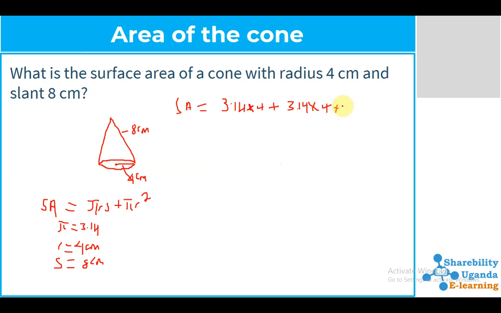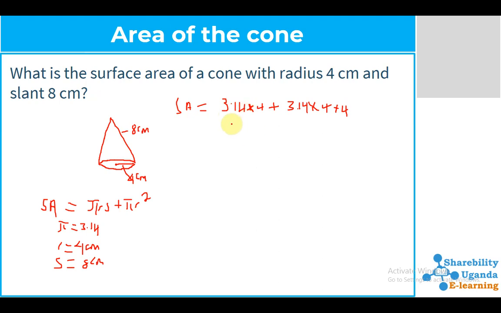Radius squared is the same as r times r, so 4 times 4. For numbers like that you can use your calculator.